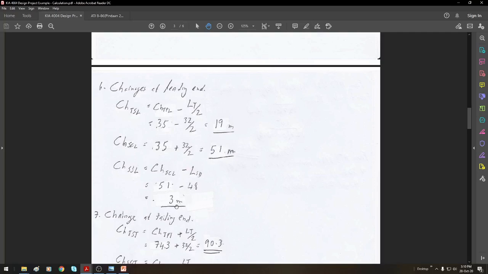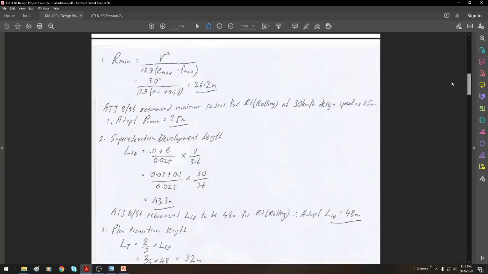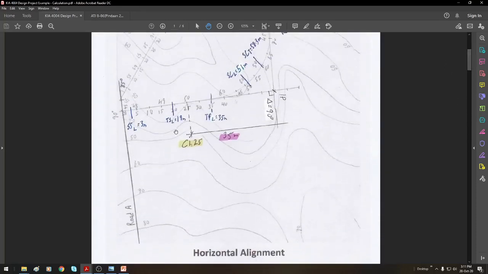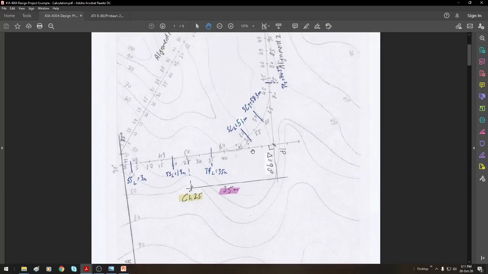So you get 3 meters. So 3 meters, 19 meters, and 51 meters. You mark on your map: SS leading 3 meters, TS leading 19 meters, and SC leading 51 meters.